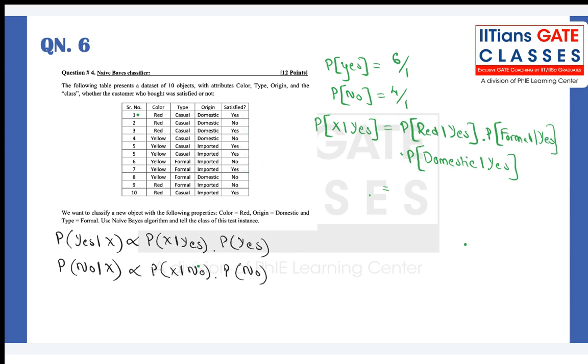Correct. Good observation. 6 by 11, 5 by 11. Right? Okay, fine. What is P of red given yes? What is the probability that the color is red given that it is satisfied?